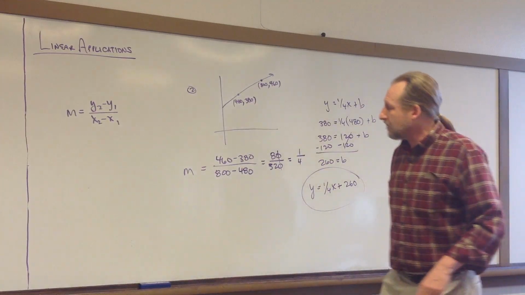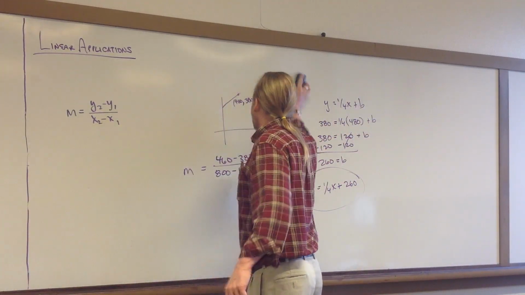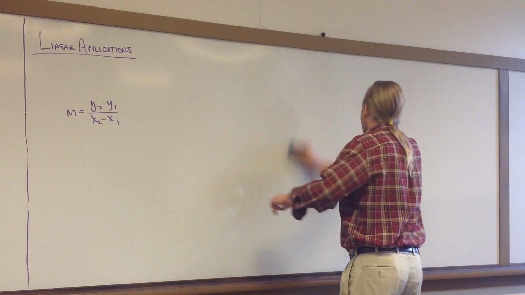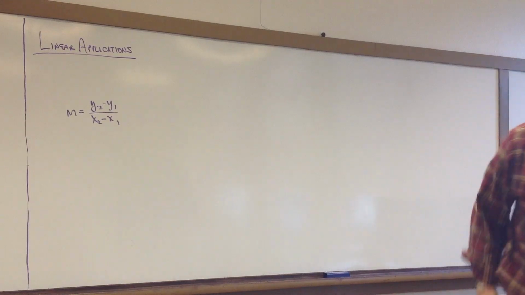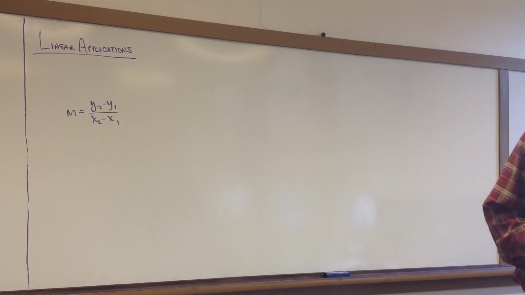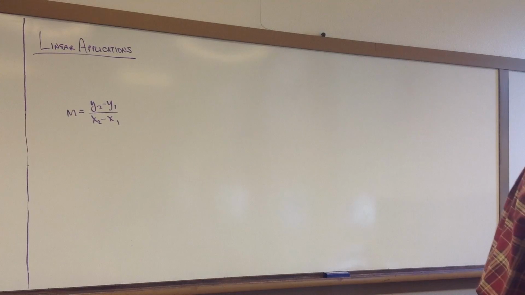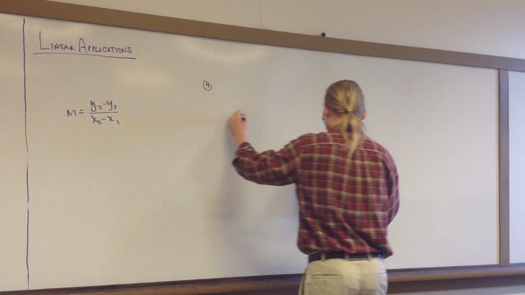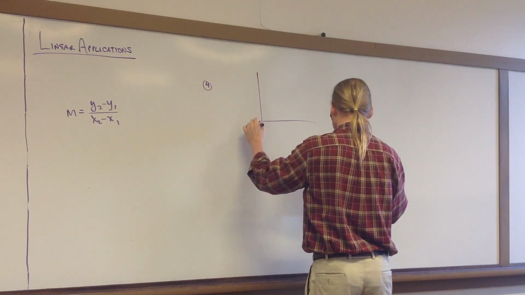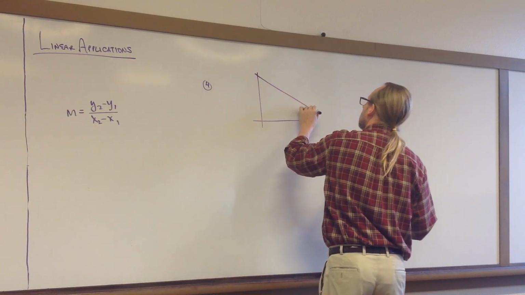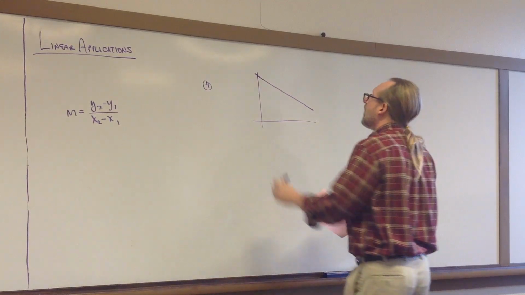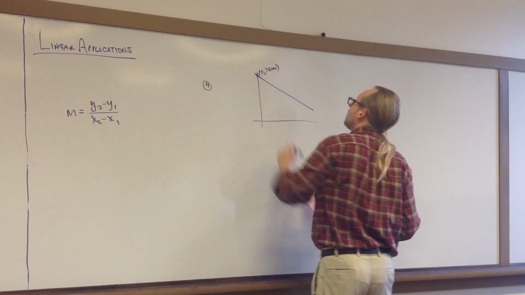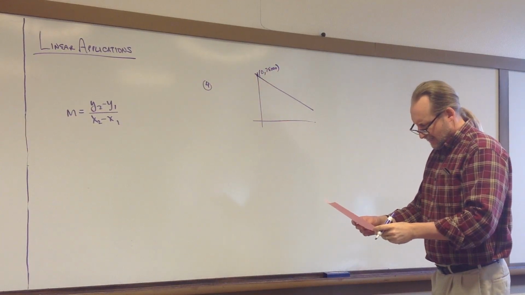Okay, now let's look at problem 4. Let's see the graph here, it's doing something along these lines, and we've got 1 point here, 0, 75,000, and the other one.